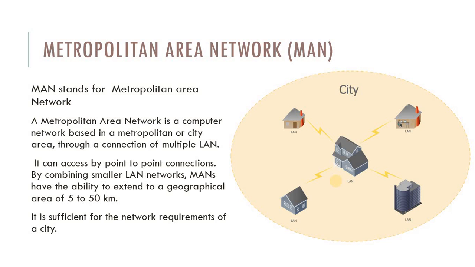A MAN is a computer network based in a metropolitan or city area through a connection of multiple LANs. It can be accessed by point-to-point connection. By combining smaller LANs, MANs have the ability to extend to geographical areas of 5 to 50 kilometers. It is sufficient for the network requirements of a city.